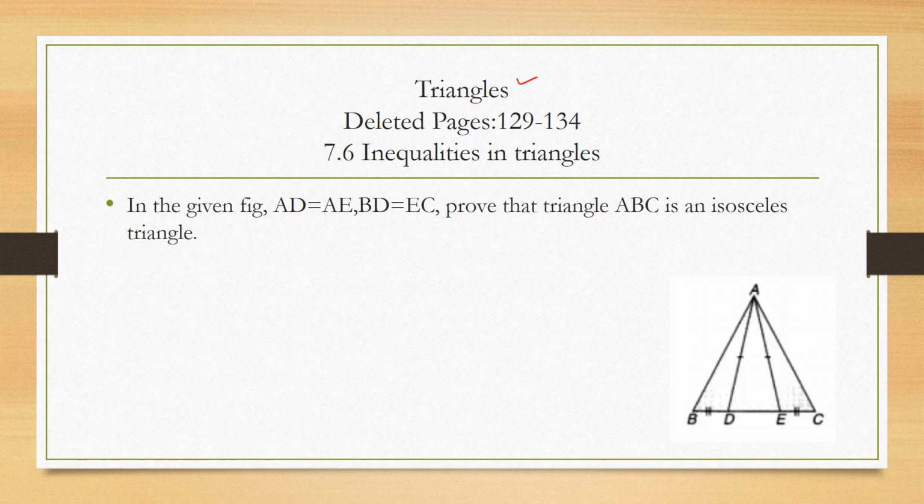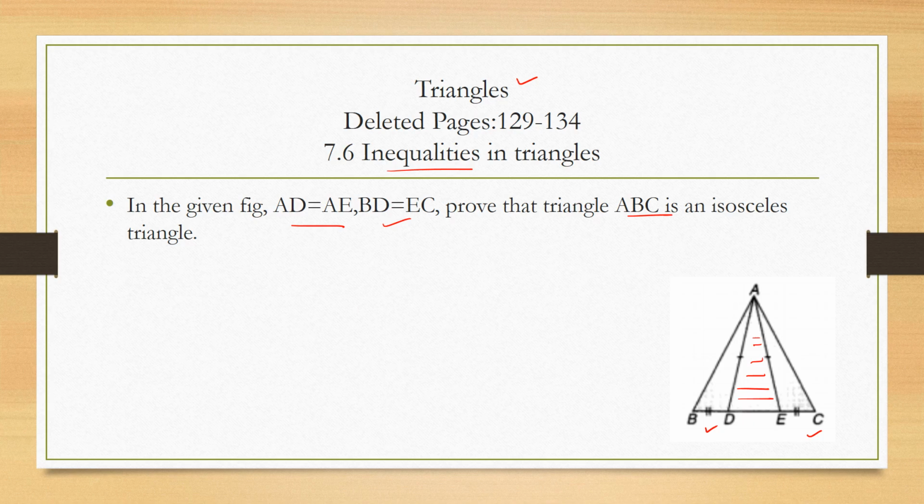Now, this is about triangles, and the deleted portion is inequalities of triangles. Let's consider this. In this figure, AD equals AE, that means this triangle is an isosceles triangle, and BD equals EC. We have to prove that the bigger one, big ABC, is isosceles.